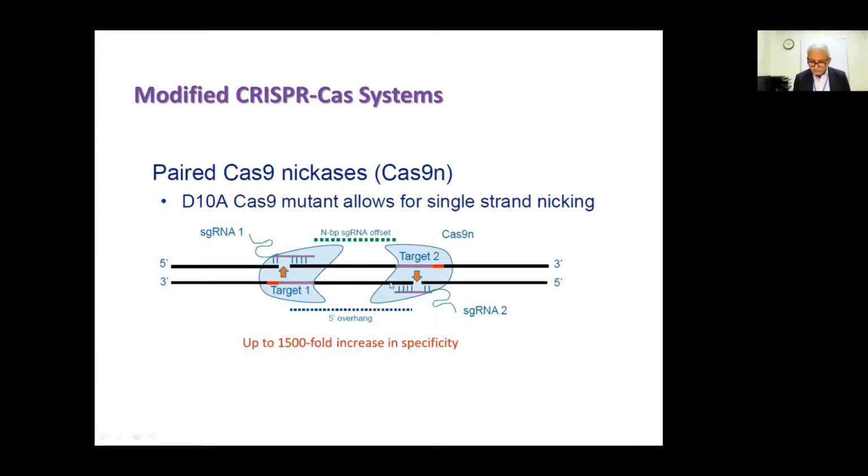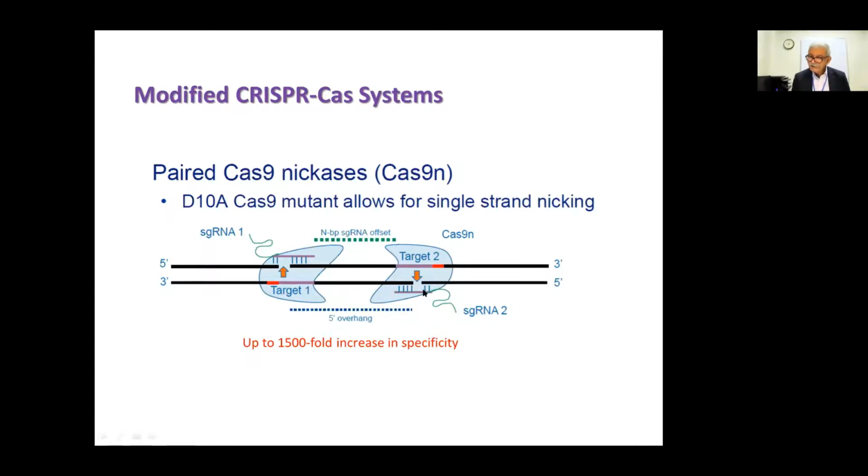They are in close vicinity. So you design the 2 protospacers in close vicinity, and you use them along with a Cas9n enzyme. Cas9n means it's mutated, and it will make a single cut in the double-stranded DNA. So you get a single-stranded cut here, and you get a single-stranded cut here.